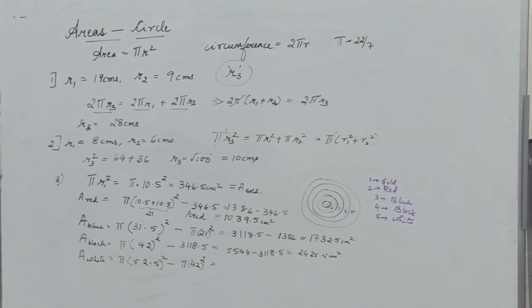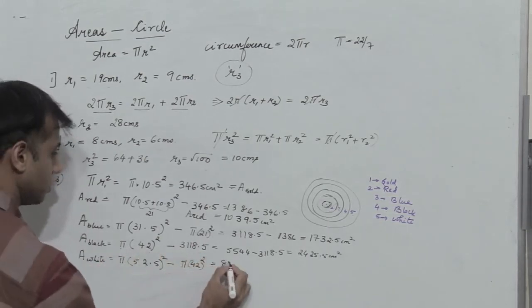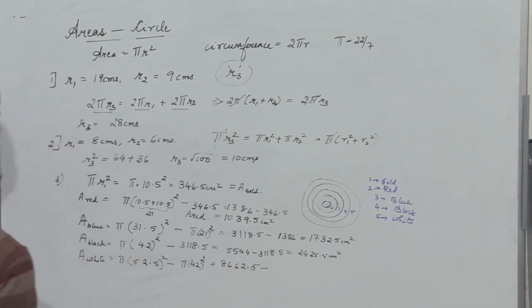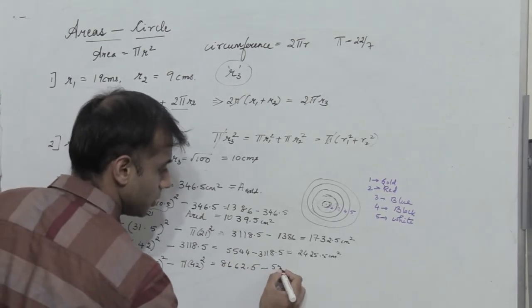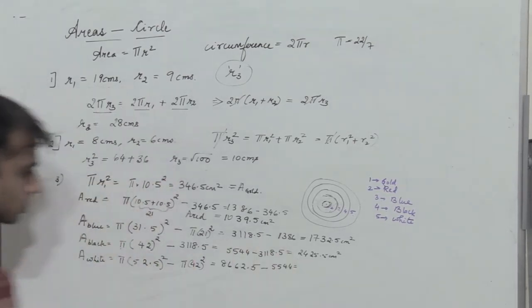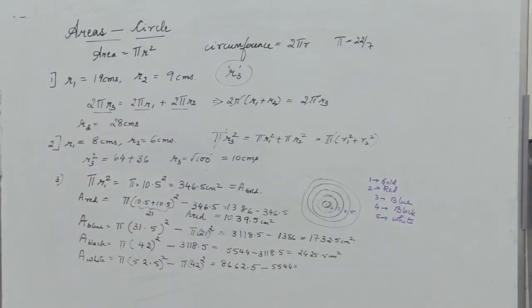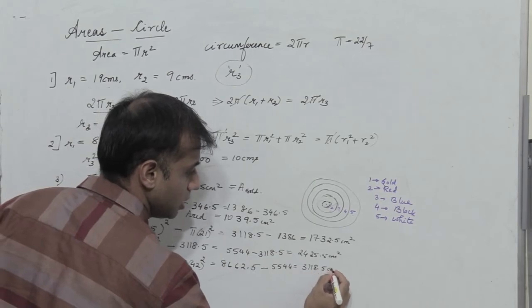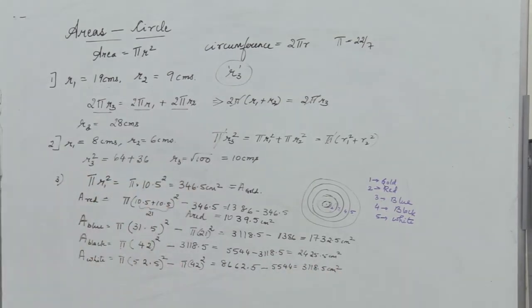So we know the value of pi 42 square, so this is 8662.5 minus 5544. So finally we get the area as 3118.5 centimeter square. Right? So therefore we have found out the area of all the regions.